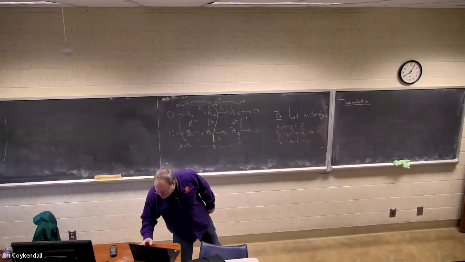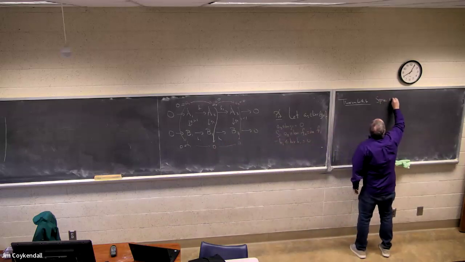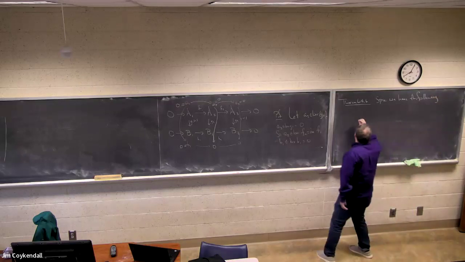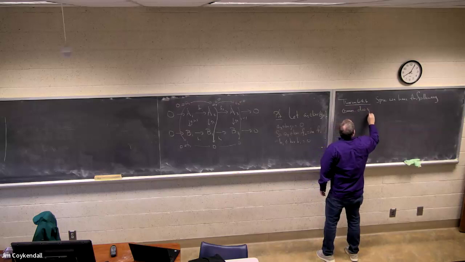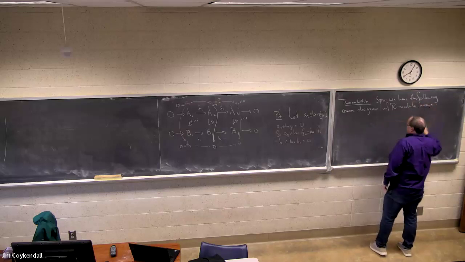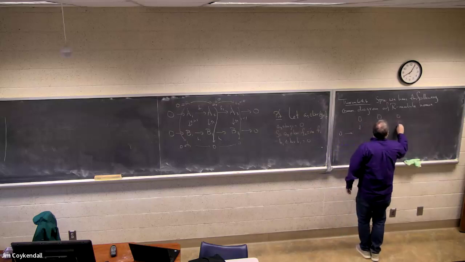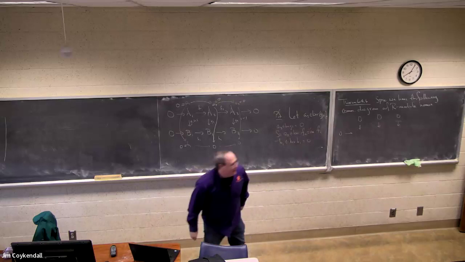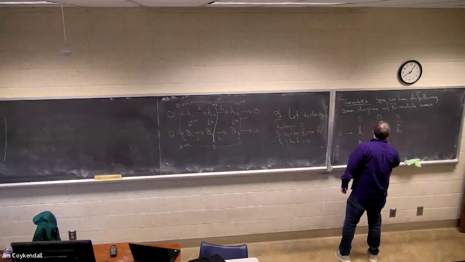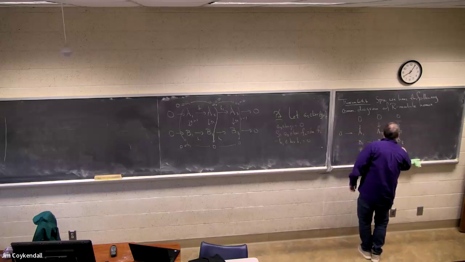Let's suppose that we have a commutative diagram of R module homomorphisms, with R modules A1, A2, A3, B1, B2, B3, C1, C2, C3.